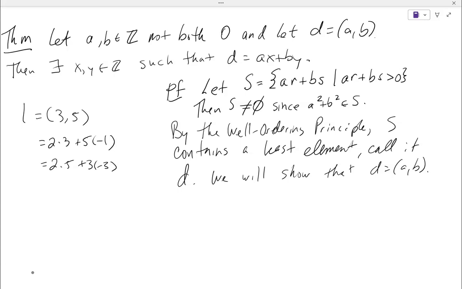We'll go back and prove that in a minute. But let's assume that it is a common divisor of A and B, and then we'll show that anything else has to be smaller. Okay?